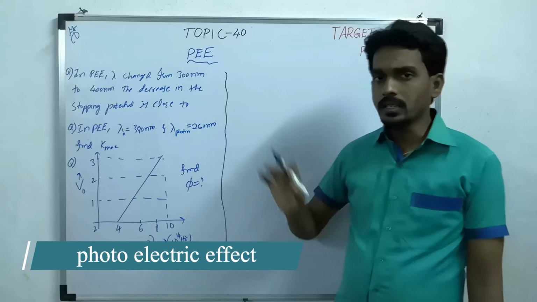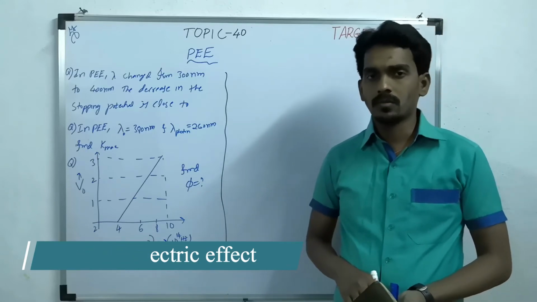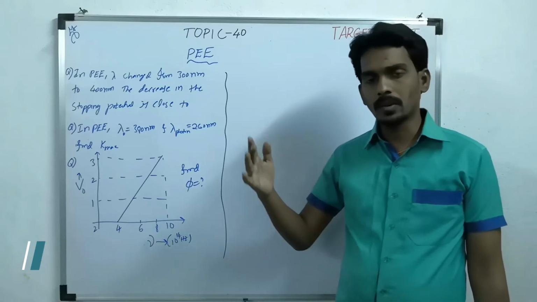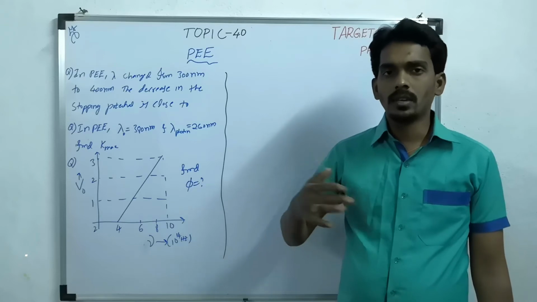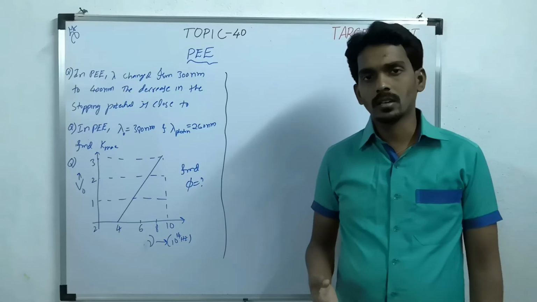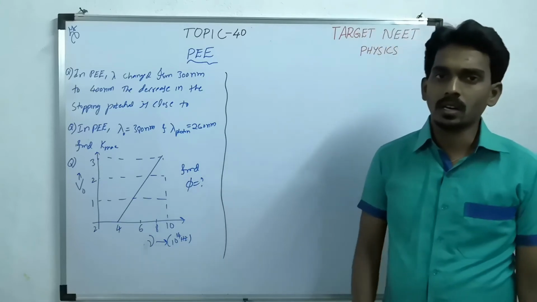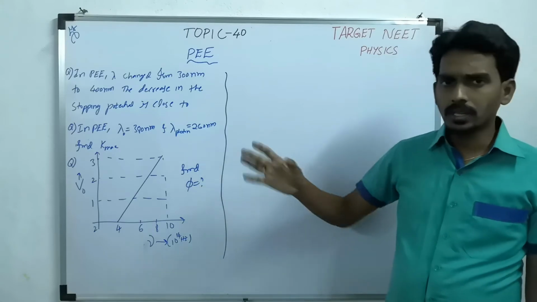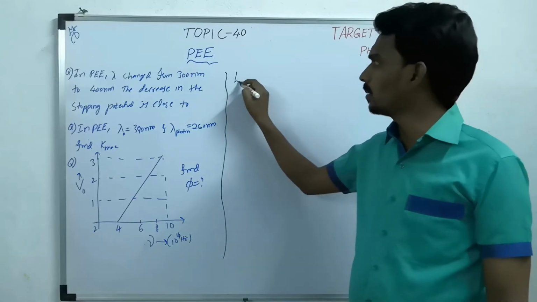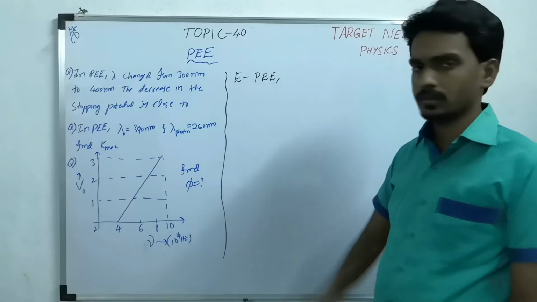And there is an experimental study also: when light falls on the metal surface, electrons will emit, and you will study the variation in current with intensity and with stopping potential. But when it comes to entrance exams, the questions mainly come based on Einstein's photoelectric equation.